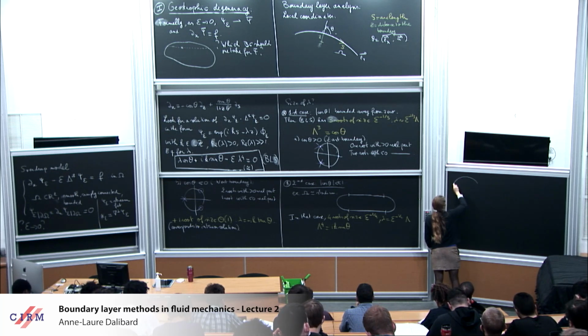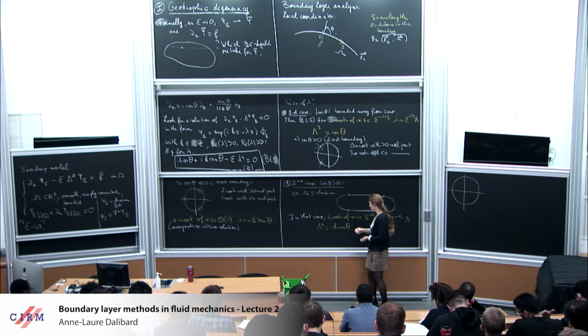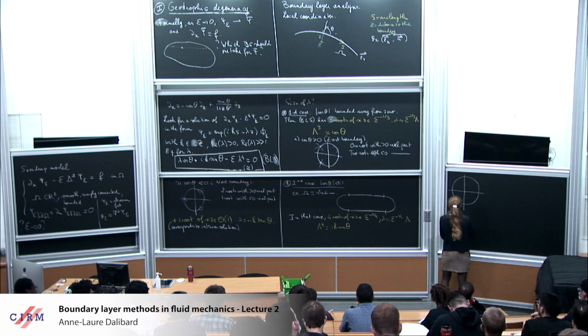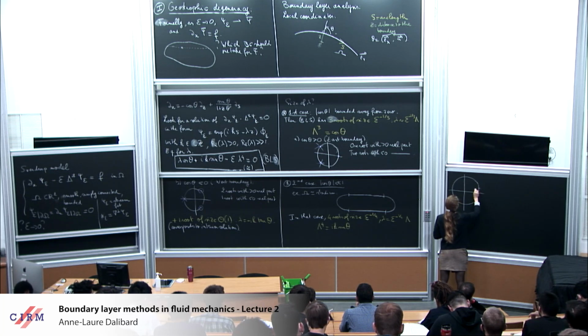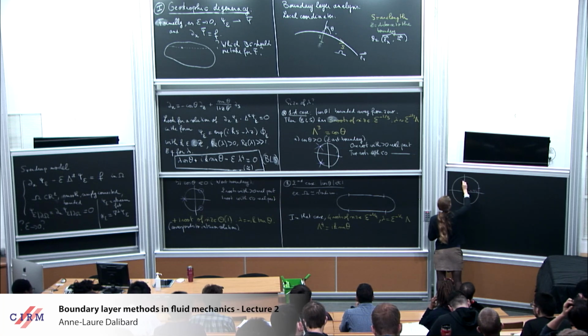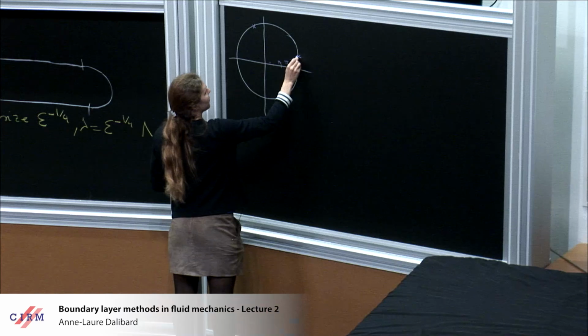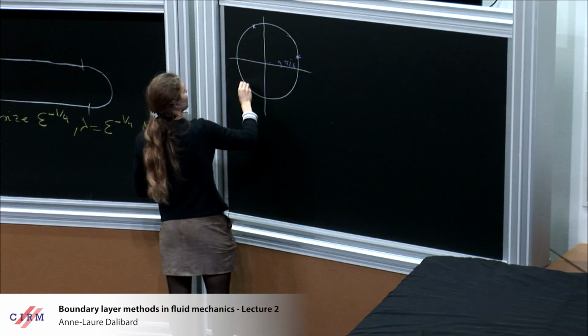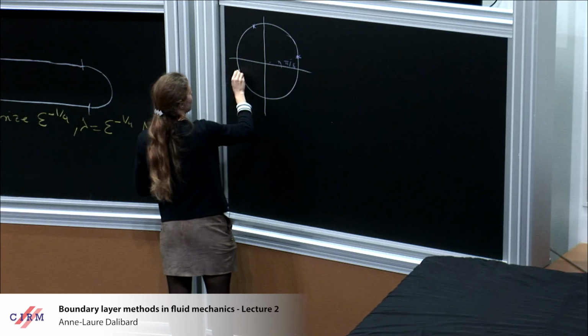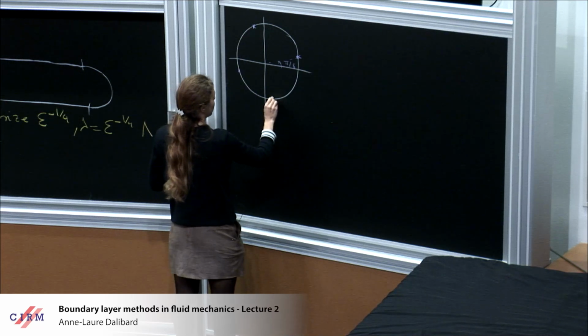You have either this is positive, and so the roots are these ones. So this is pi over 8. And then you just rotate them by pi over 2. We'll have one here, and one here.